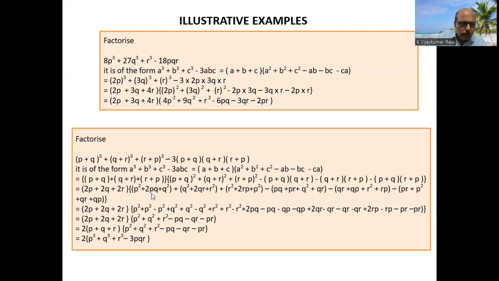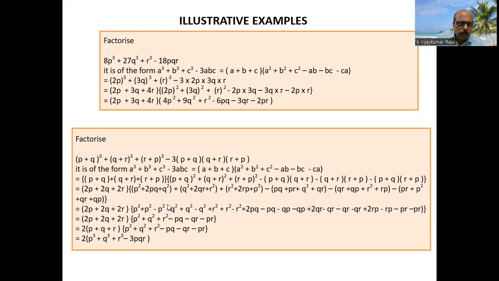Then 2pq is here, again pq is here minus pq, minus pq. So 2pq minus pq minus pq. Similarly, 2qr, qr, qr. 2rp, rp, rp. So here what has happened?